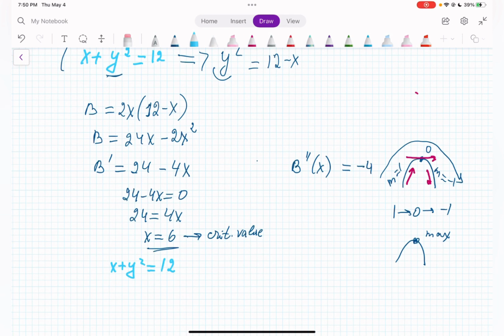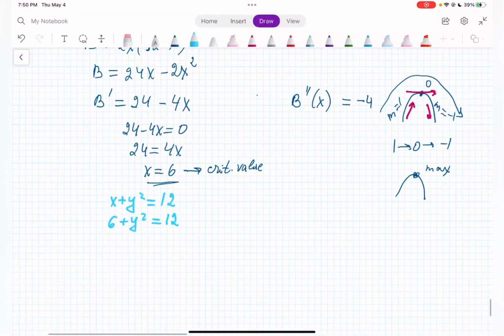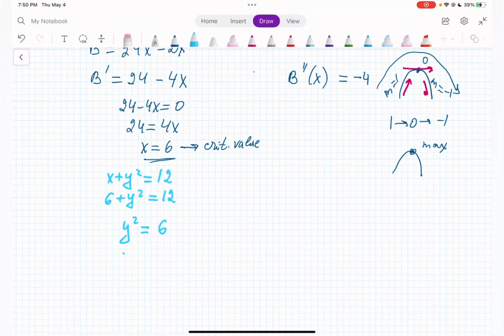So from here, x is 6, plus y squared equal to 12. Y squared equal to 6 and y is equal to plus or minus square root of 6.